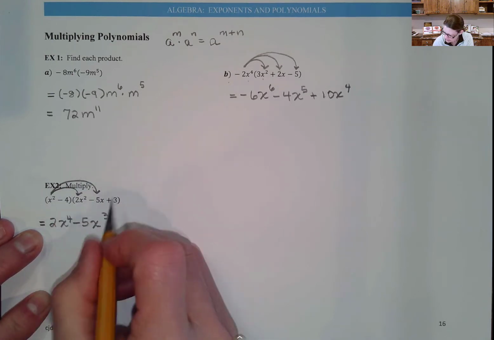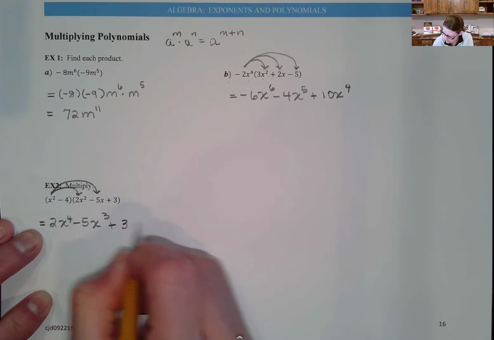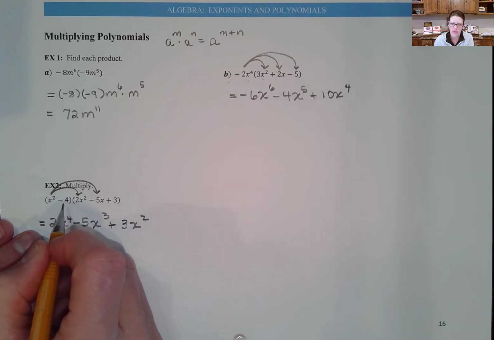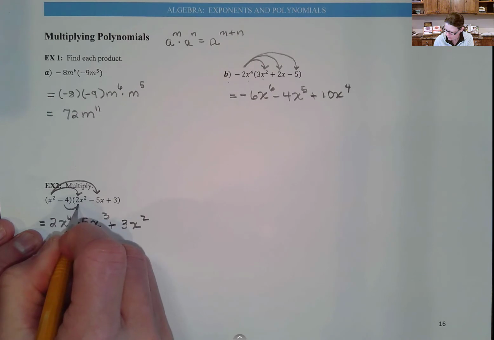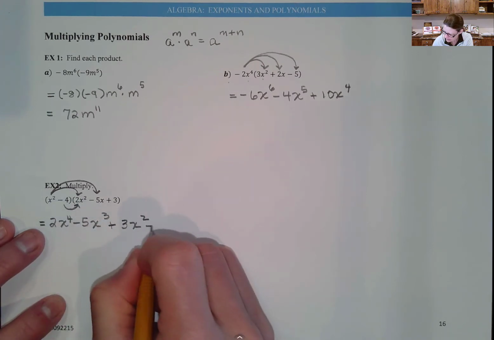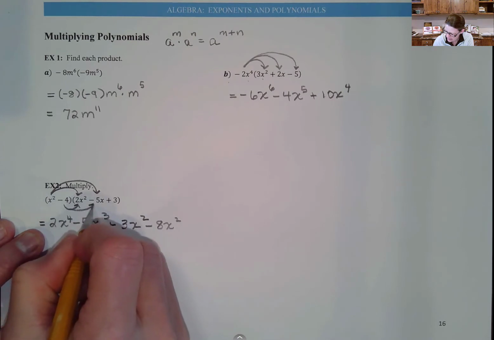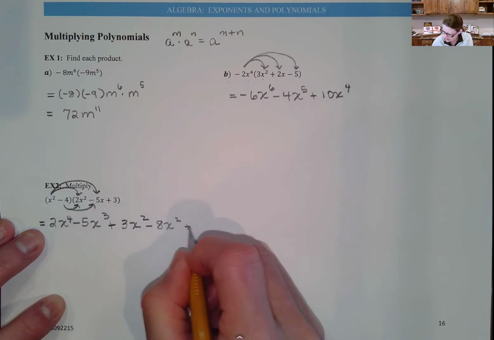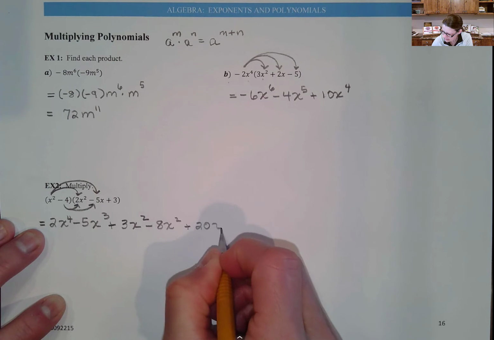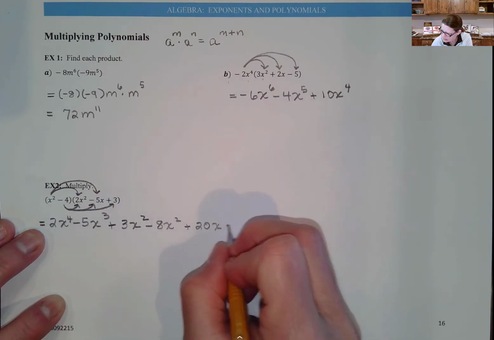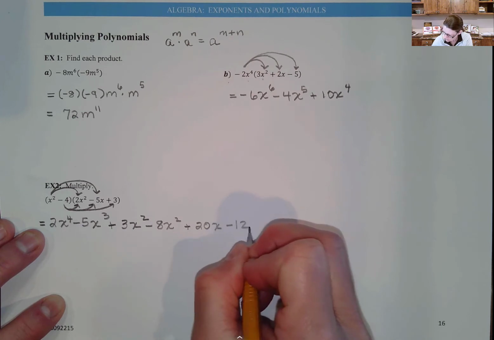X squared times 3 is 3x squared. Now we move to the -4 and distribute it. -4 times 2x squared is -8x squared. -4 times a -5x is positive 20x. And -4 times 3 is -12.